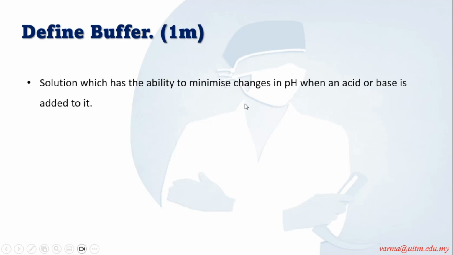It means you have a solution and you're adding acid or base into it. Of course, there will be some changes to the concentration of hydrogen or hydroxyl ions, which is going to make a change in pH. But if that solution has a buffer in it, it can minimize or resist the changes in pH when extra acid or base is added to it. That is what is meant by buffer.